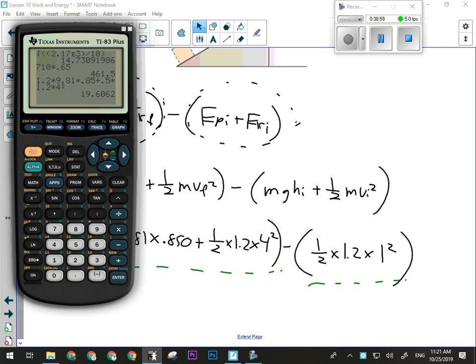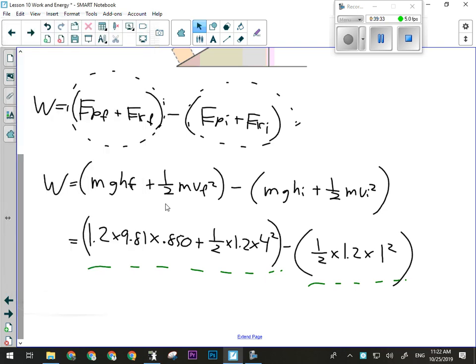But the work I do is the difference between that and the energy at the bottom, so I'm going to subtract the energy I had at the bottom, 0.5 times 1.2 times 1 squared. According to this, I've done how many joules worth of work? 19. To get that thing from the bottom of the ramp to the top of the ramp required 19 joules worth of work.